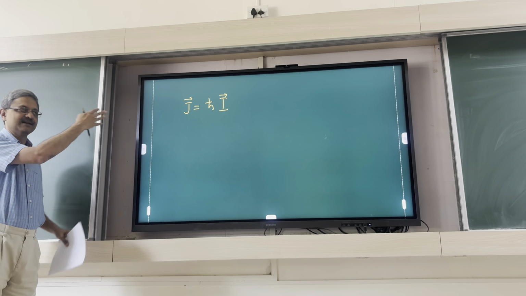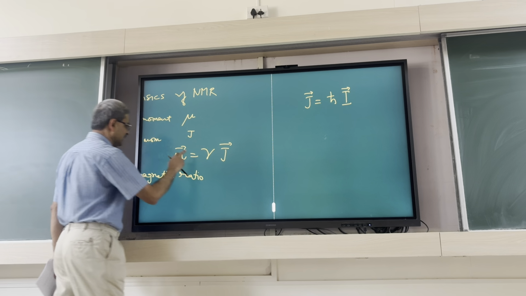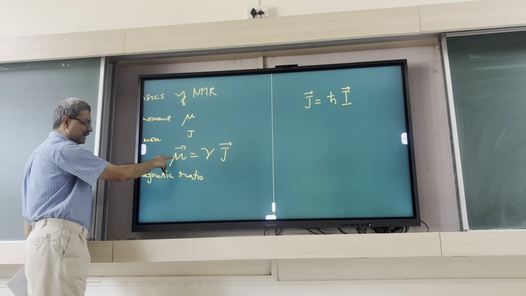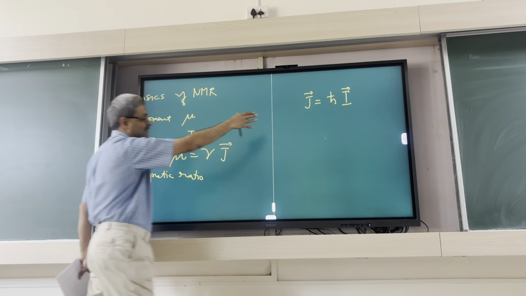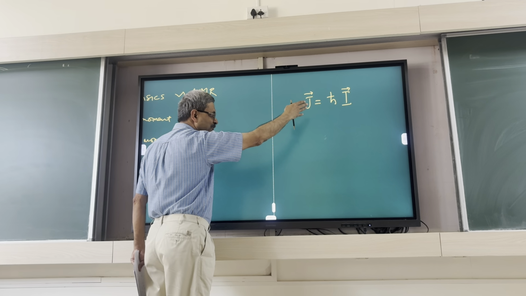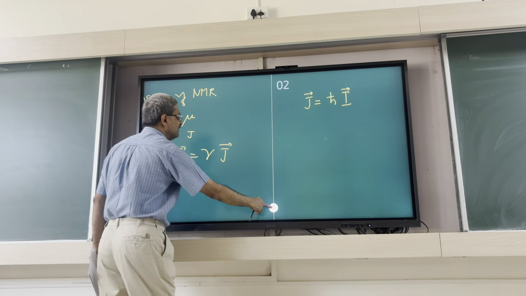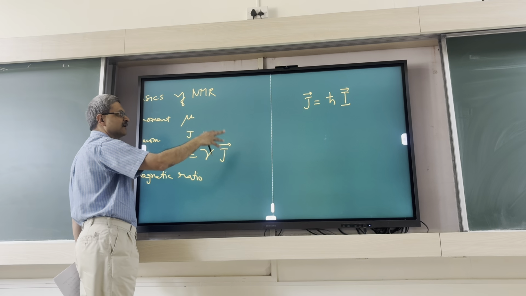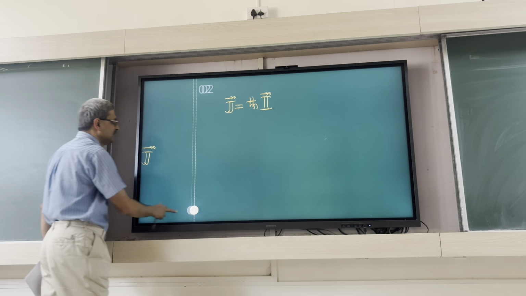So for nuclei, it's I. So what we really have, you can connect the magnetic moment to the nuclear angular momentum operator I. So overall we have a gamma h bar factor which connects mu to I.